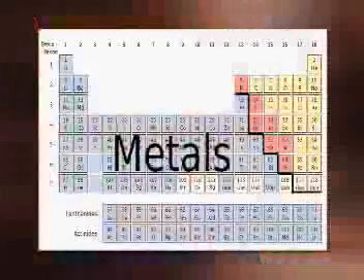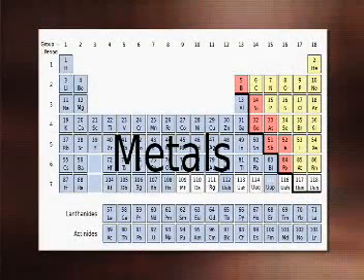Let us look at metals as an example. The atomic radius of a metal is defined as 1/2 the distance between the nuclei of the two adjacent atoms. For the elements that exist as diatomic molecules, which are molecules that are composed of only two atoms, the atomic radius is equal to 1/2 the distance between the nuclei of the atoms in the molecule.